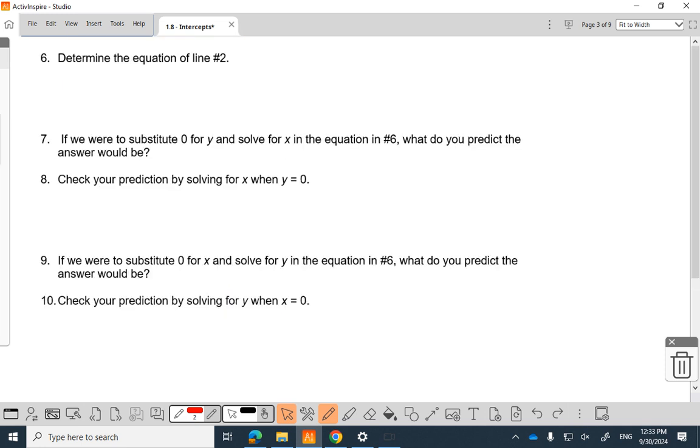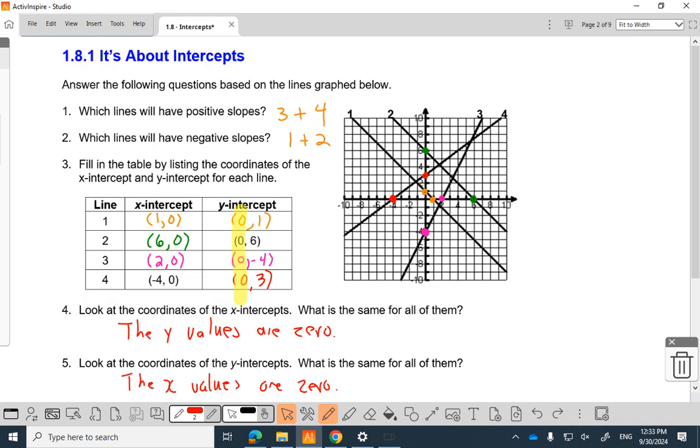All right. Determine the equation of line 2. Okay, this is from other lessons. Line 2 had y-intercept of 6. It has slope -1.